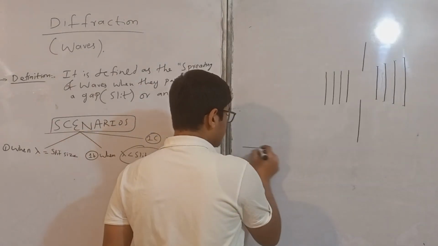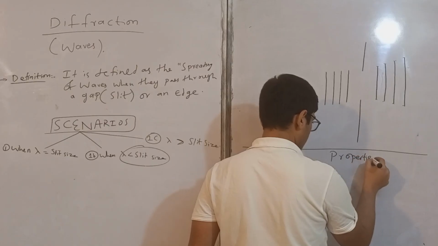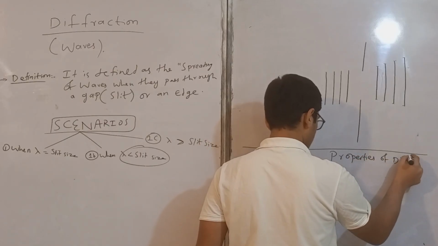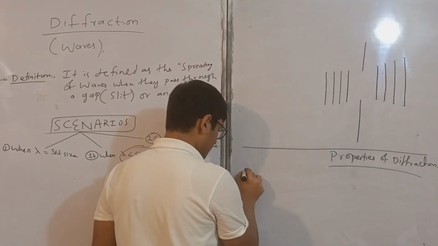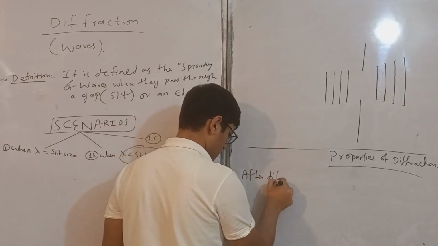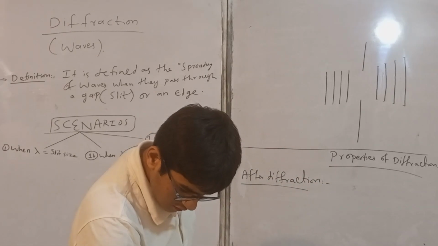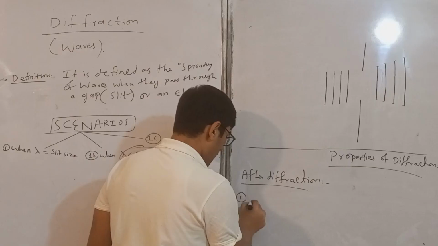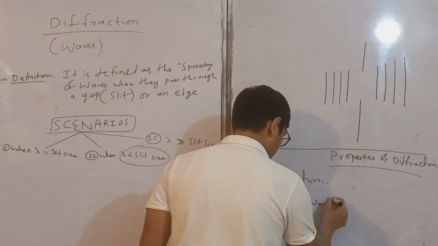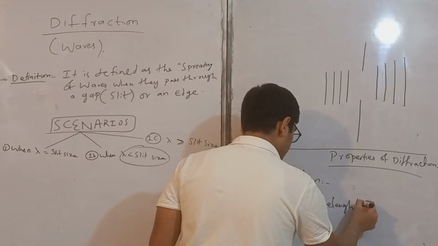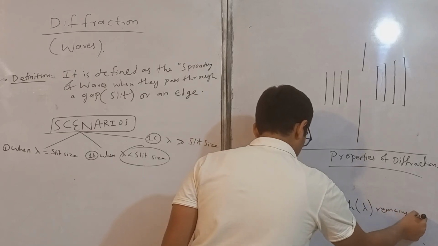Okay. So if we discuss properties of diffraction, after diffraction, a wave's wavelength, that is lambda, remains the same.